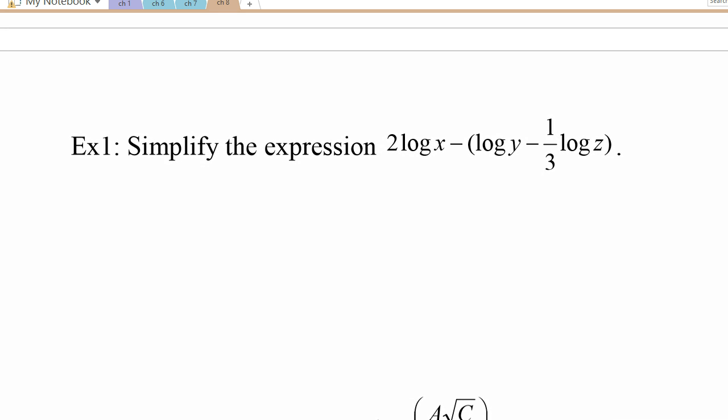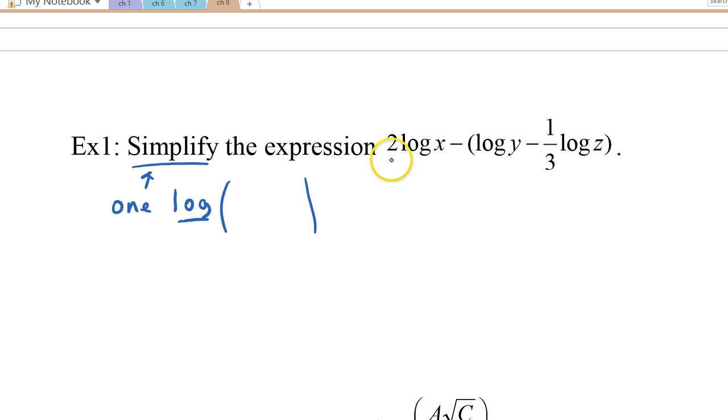We're going to simplify this expression, and when we simplify on these questions, we only want to have one log. So at the end of the day, we want to only write the word log once and have something really big on the inside. Okay, so looking at this, we've got a few things going on.